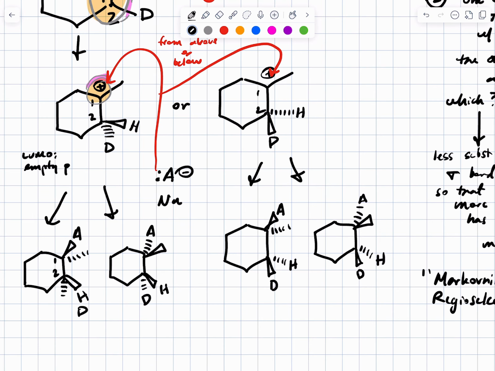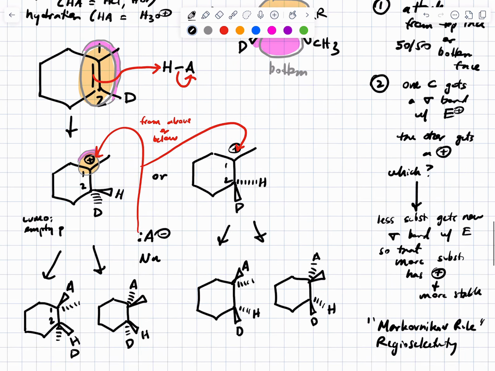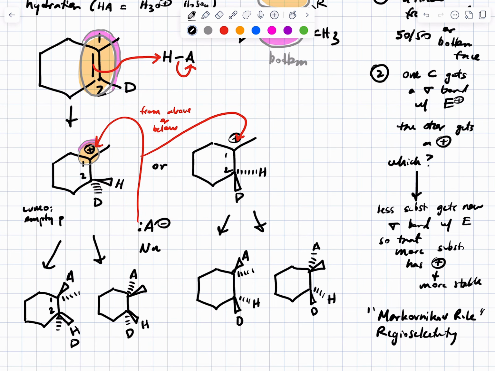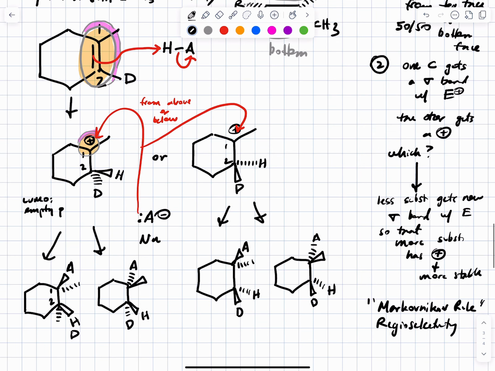Okay? So as you can see in this reaction, we have two different steps of nucleophile attacking electrophile. In the first step, I will use blue for the electrophile, hydrogen, and that can be added from above or below.